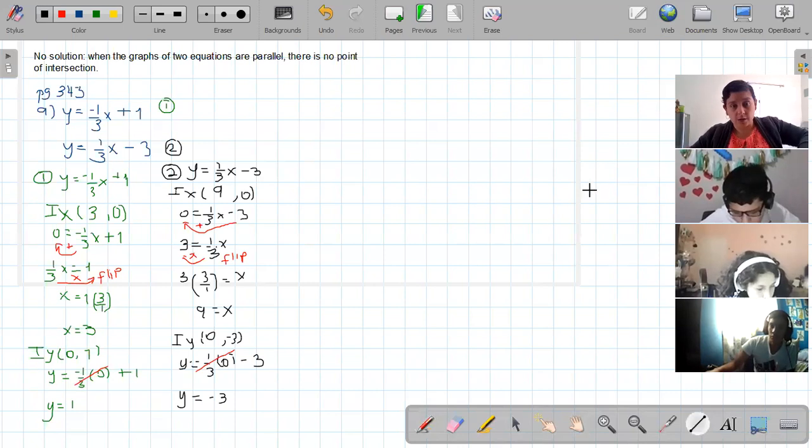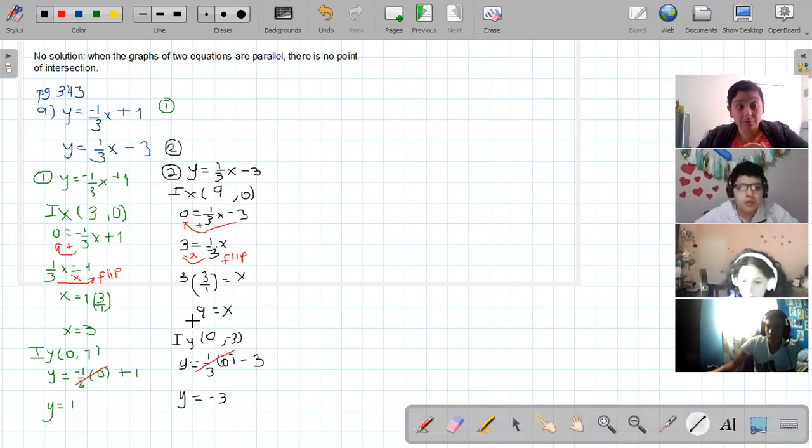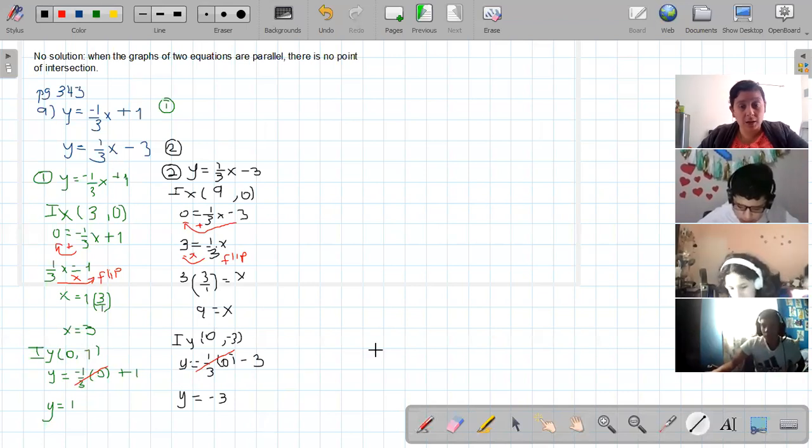Now I just need to graph it. As you can see, I need 9 on x, and the biggest I need on y is +1 and -3.